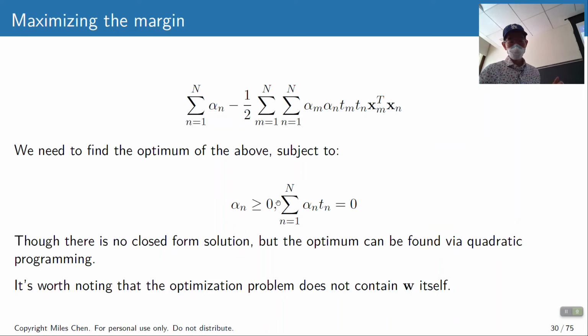So the optimization problem, despite as crazy as all of this appears, is a matter of figuring out which points affect the margin, that boundary.